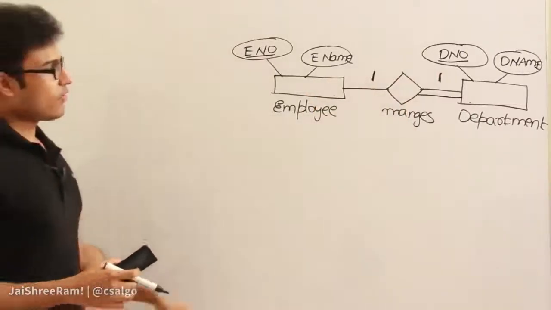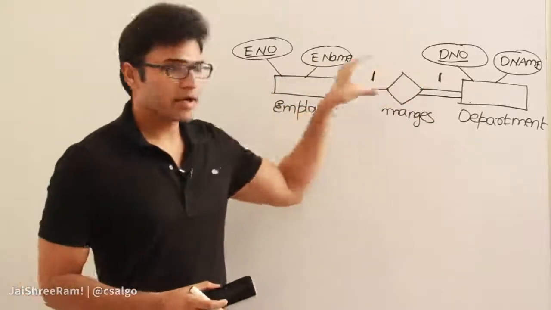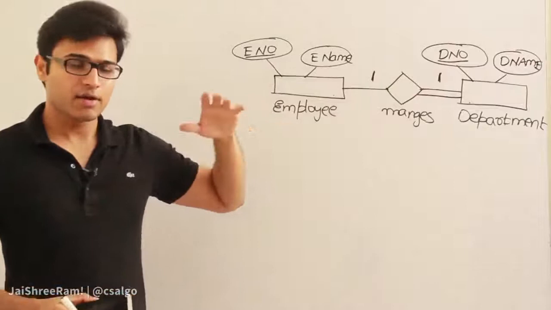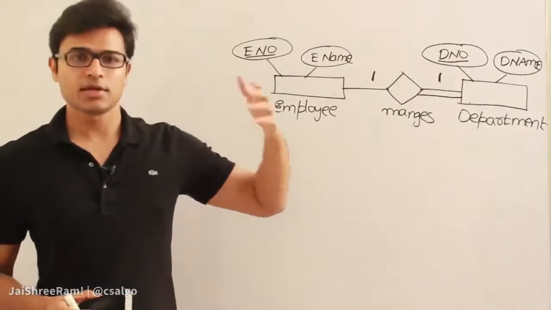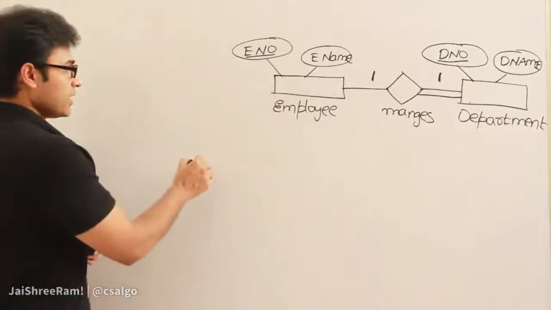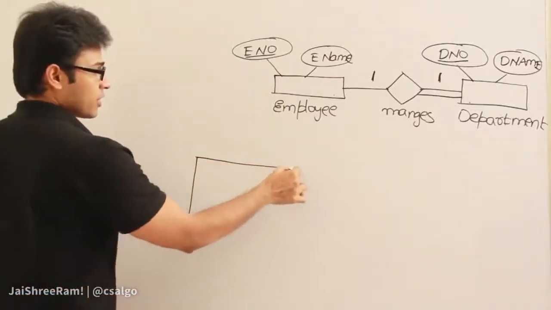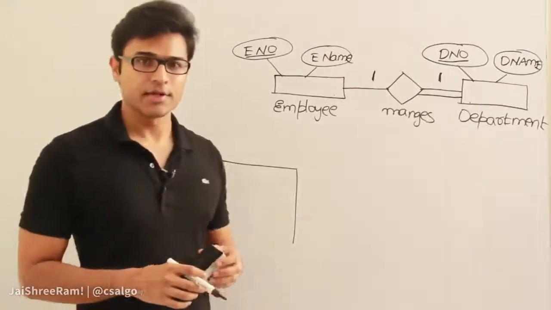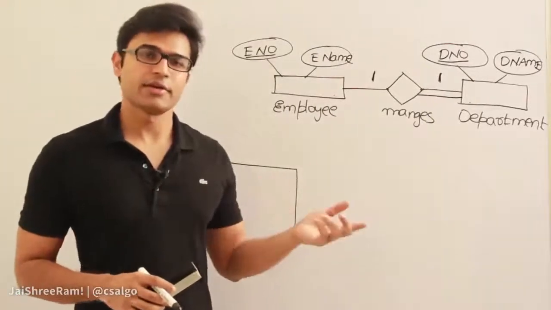Now since these two are strong entities, they must already be having their own tables. There must be a table already created, because in step 1 itself we have already discussed what to do about the entities. For the strong entities, tables are created, right?